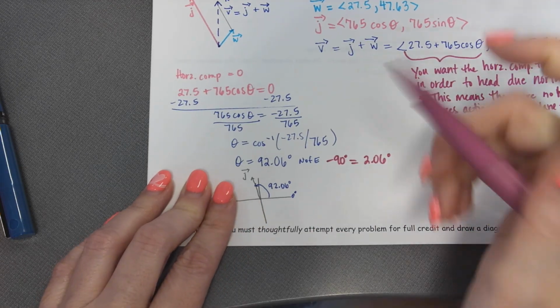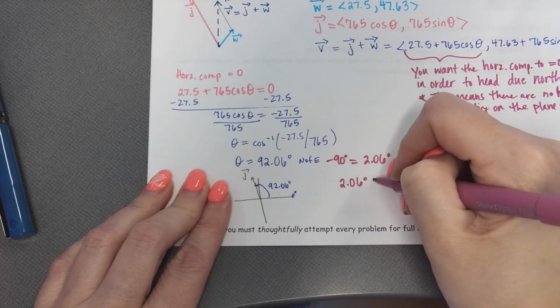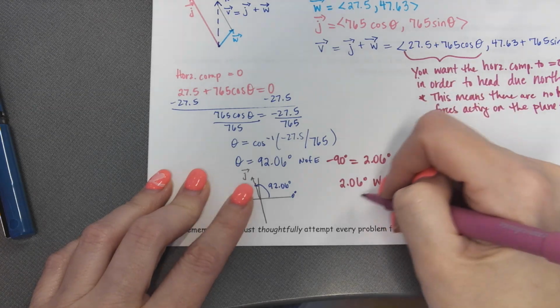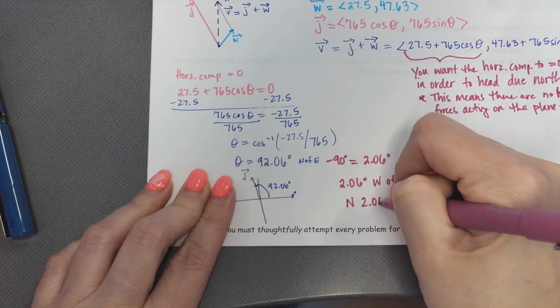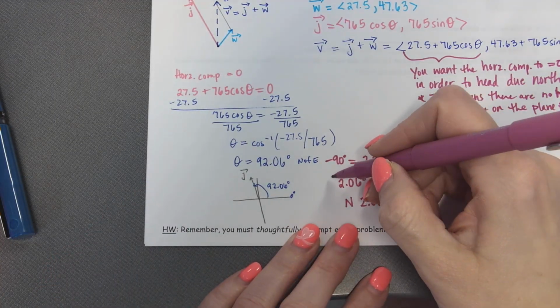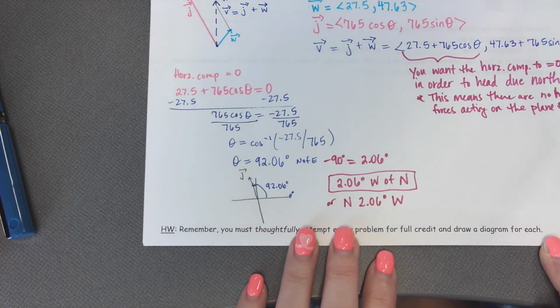And now you can see the direction that it's going in. So you can say 2.06 degrees west of north, or you could say north 2.06 degrees west. Either one of those would be fine.